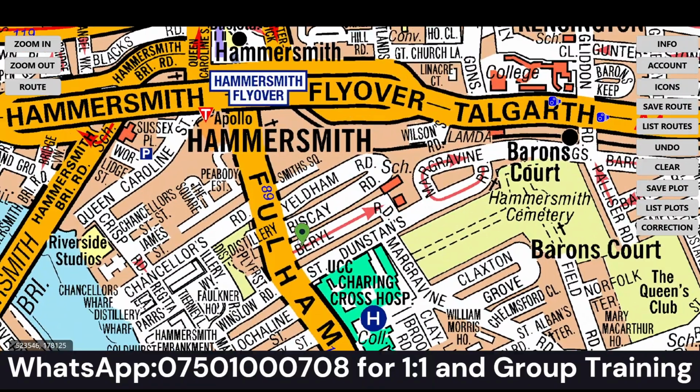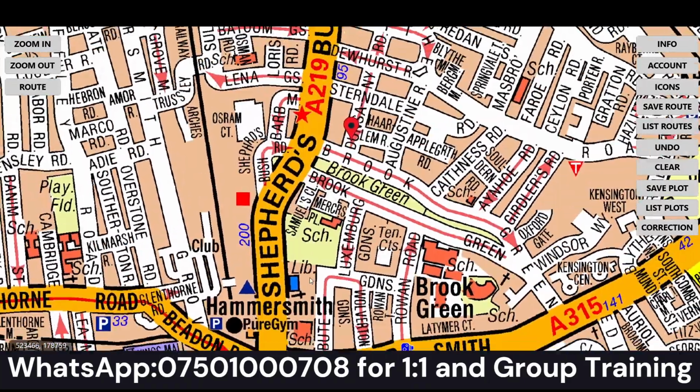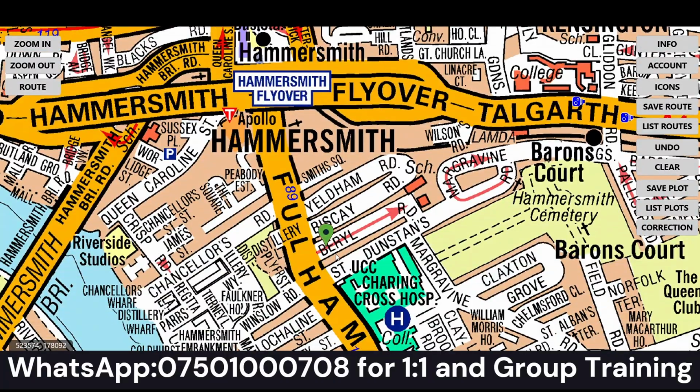So looking at this green point, firstly we need to go to the top because it's here, the red point. So this is a one way, so that means we can't go directly towards this Fulham Road.